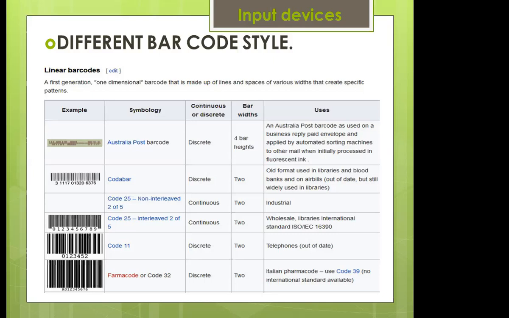While if you come to the continuous one, there is no such space between the bars and they are almost connected to each other, but they are differentiated with two shades of black. One is maybe dark black and one is dark gray. So that consumes less space and more bars are used to handle the large range of barcodes.